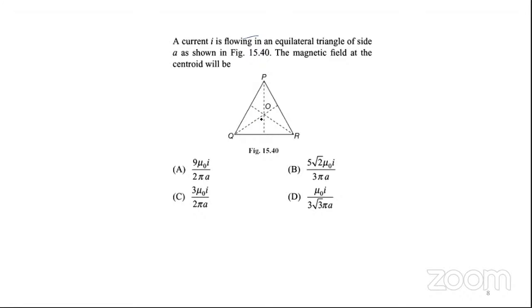The magnetic field at the centroid will be because of all the three wires, and all of them will be adding the field. So for one wire, it will be mu naught I by 4 pi d into sine alpha plus sine beta.